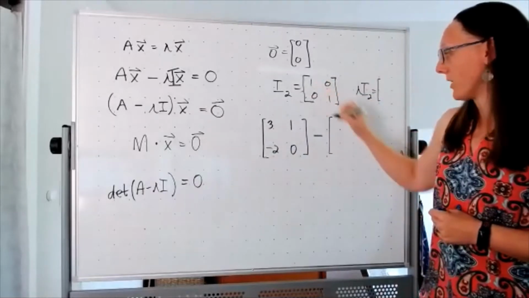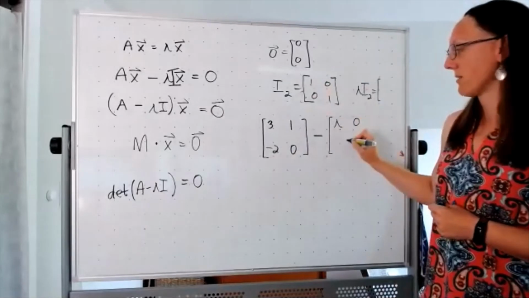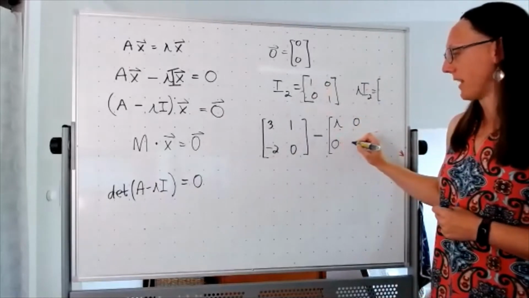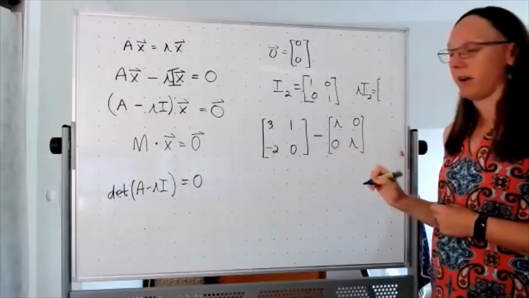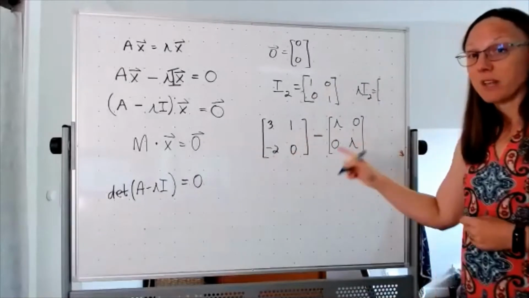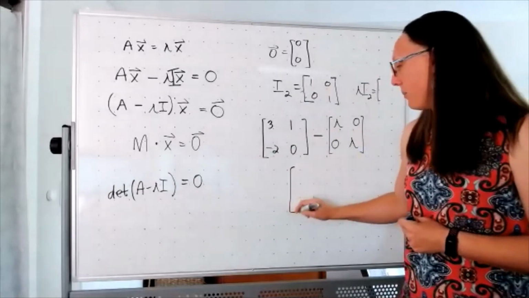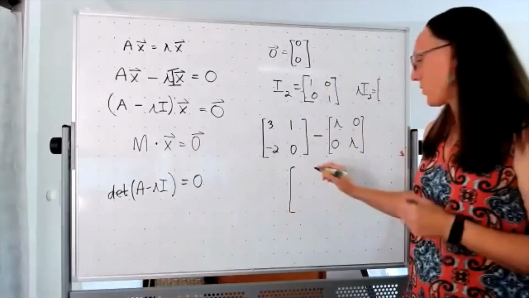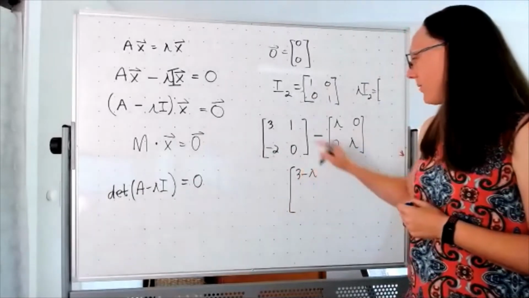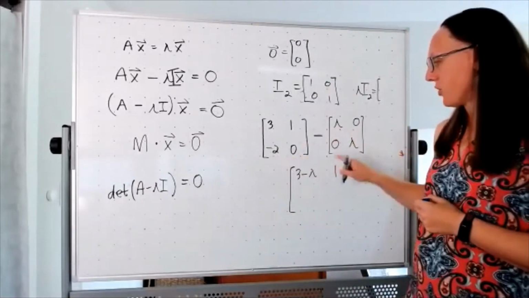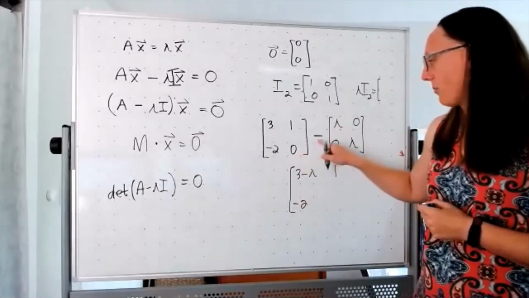That would look like 1 times lambda, 0 times lambda, 0 times lambda, lambda times 1. And if I do that subtraction, the pieces just stay where they are. So I'd have 3 minus lambda, 1 minus 0, -2 minus 0, and 0 minus lambda.